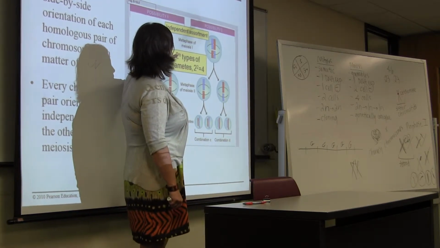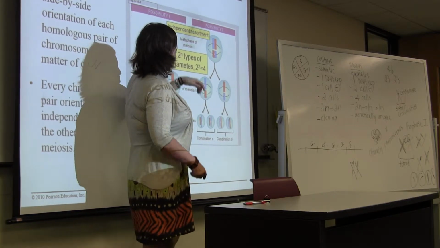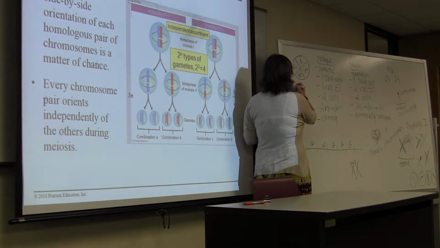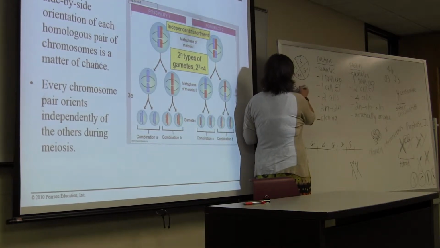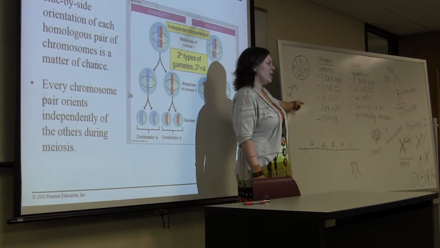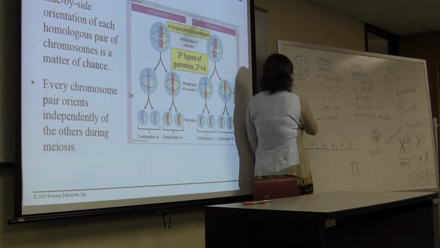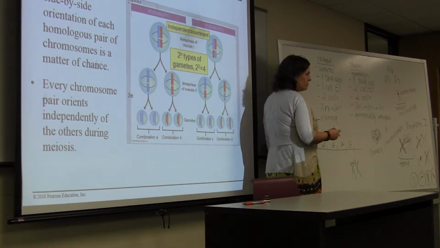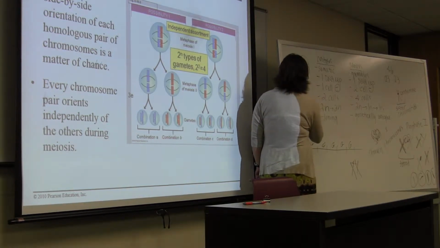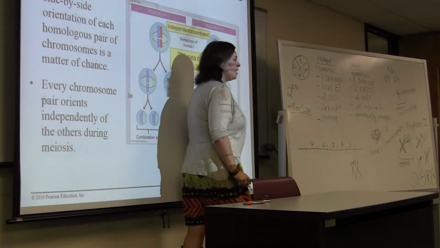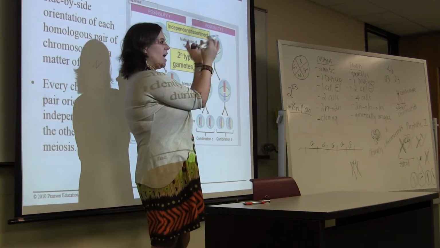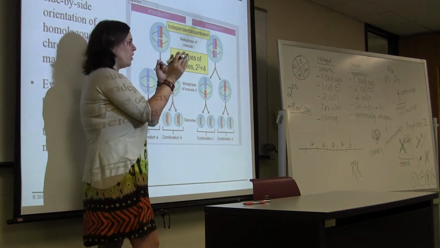So we have one set of chromosomes here and one set of chromosomes here. So in humans, if you want to figure out how many different genetic possibilities there are, it would be 2 to the 23rd power. And that comes out to be roughly 8 million. So 8 million different genetic possibilities for each one of these gametes, because each set of chromosomes can align in only one of 2 ways.